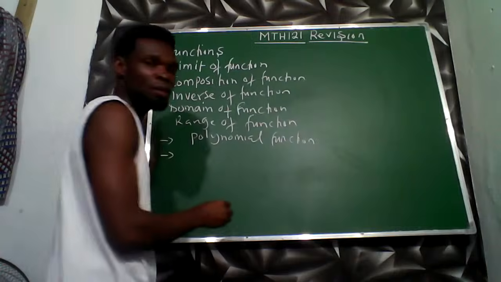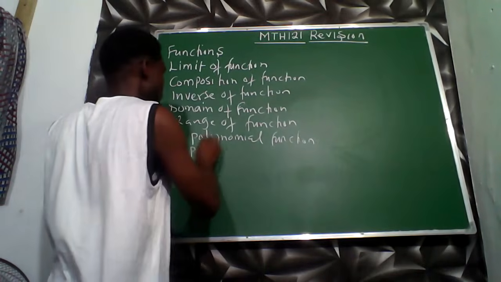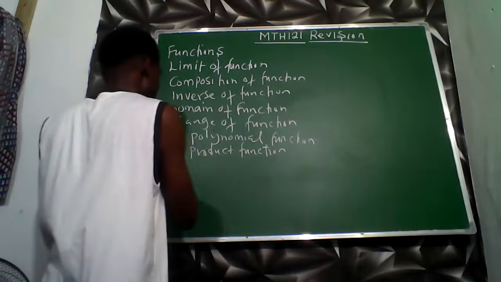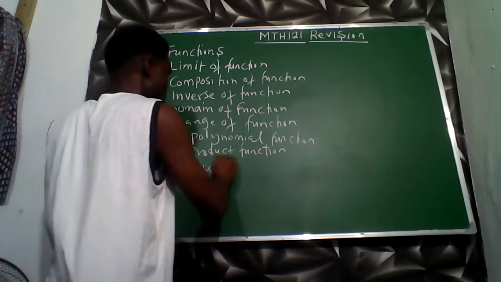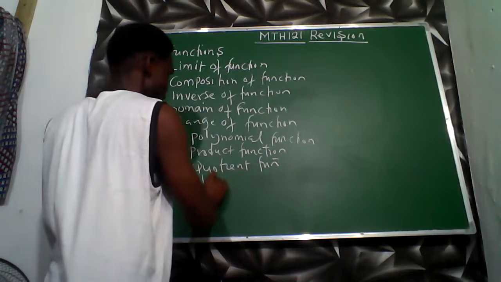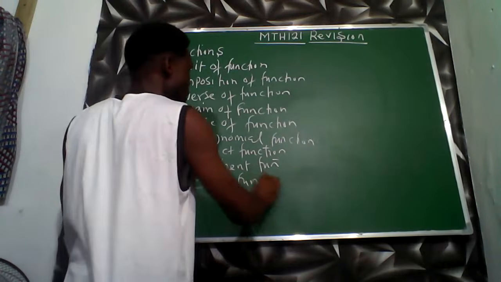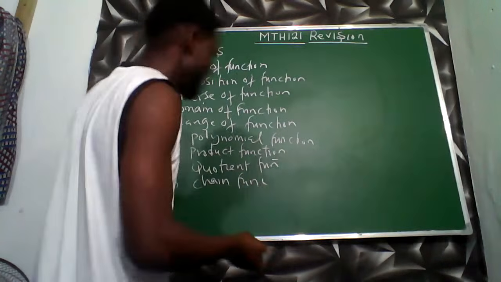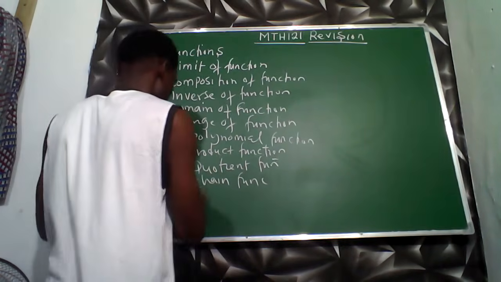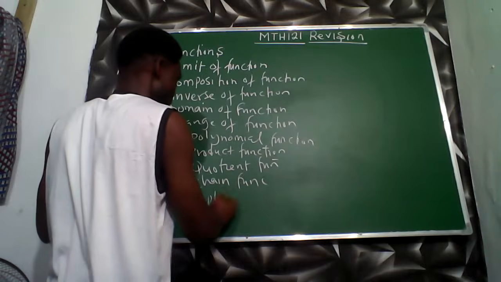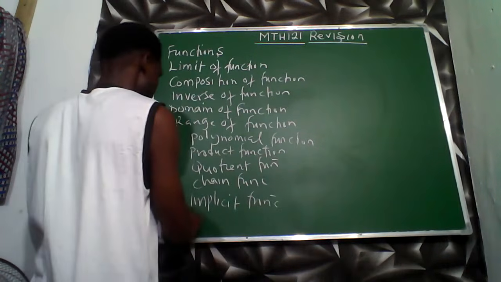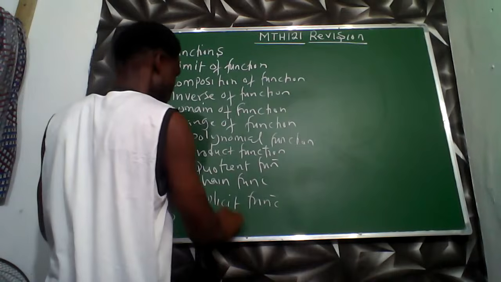You equally learned how to differentiate product function. You learn quotient function. You also learned chain function, otherwise known as function of a function. You as well learned implicit function. You also learn parametric function.